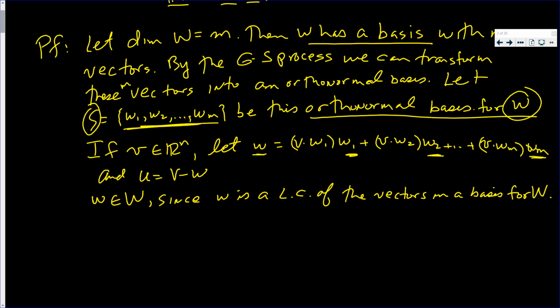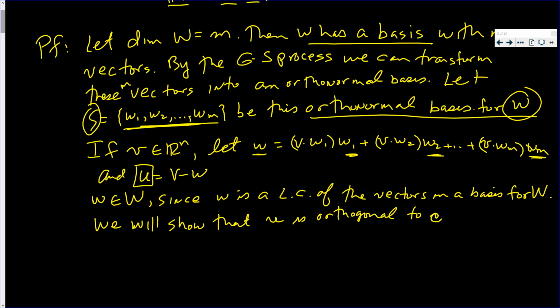Now, what we want to show is that this vector u is orthogonal to every vector in W. We will show that u is orthogonal to every vector in the basis S. So let us do this.